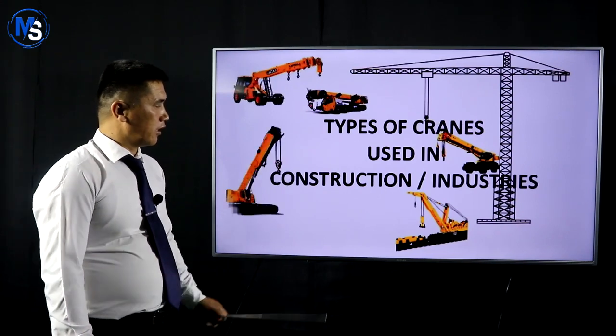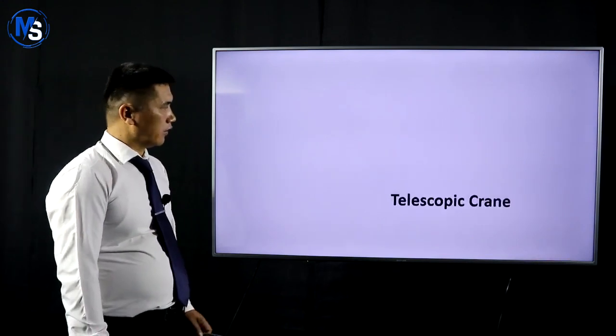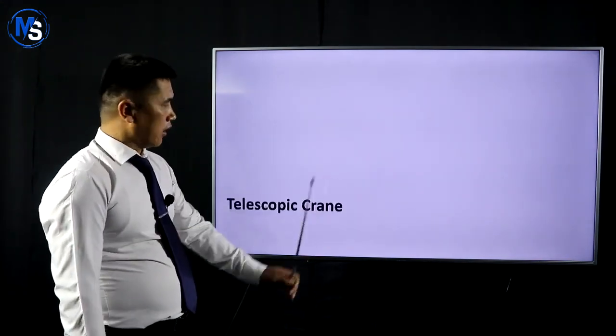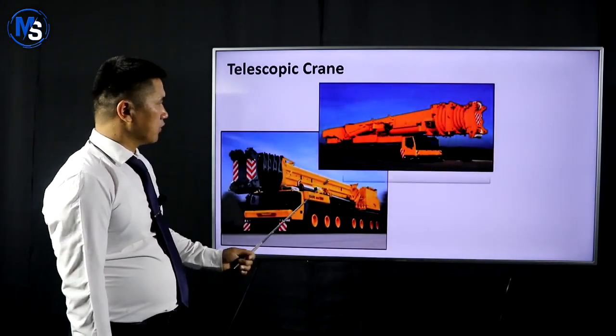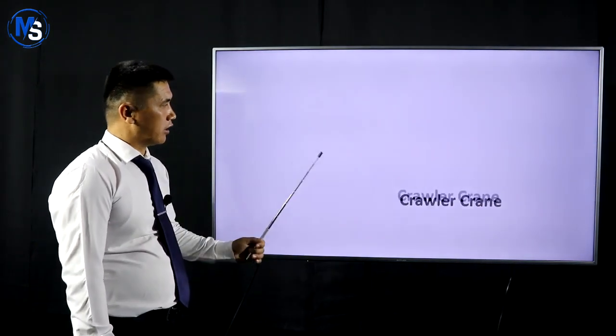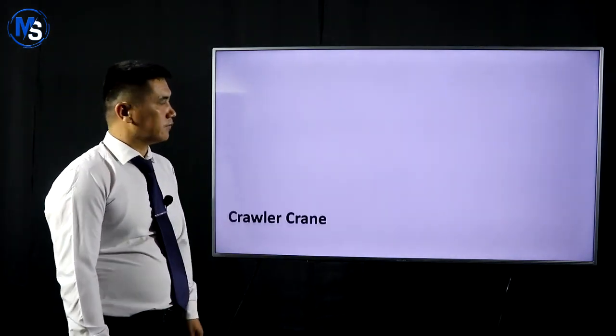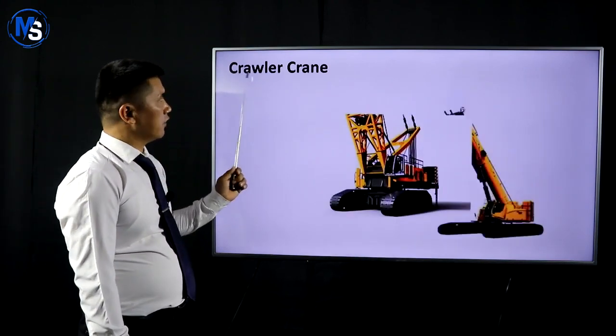They are used in the construction industries. The first one is the telescopic crane. This is a very huge and big crane. It's used for apartments and high buildings. Then the next, the crawler crane.